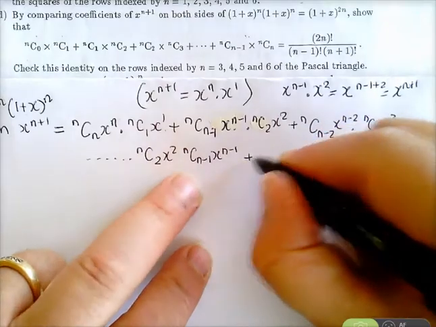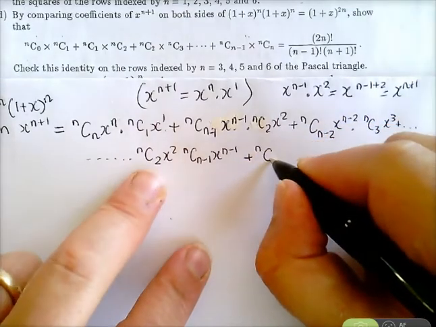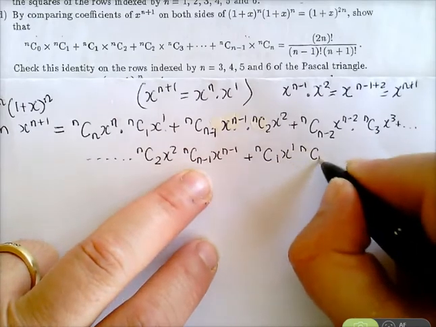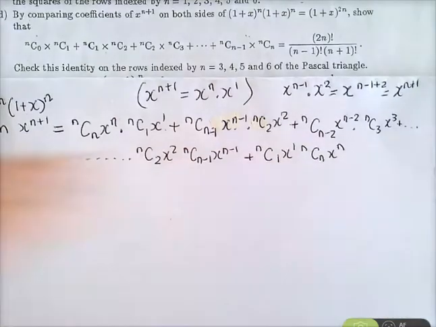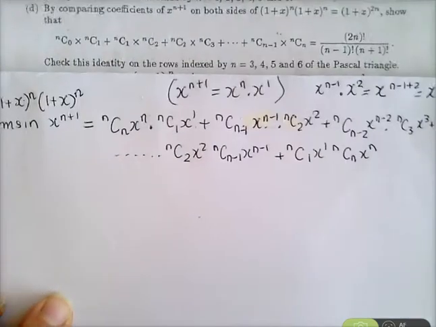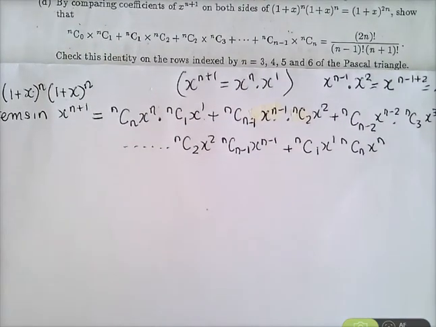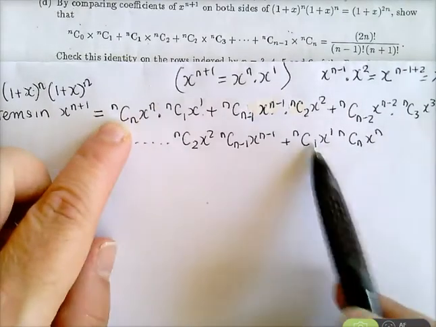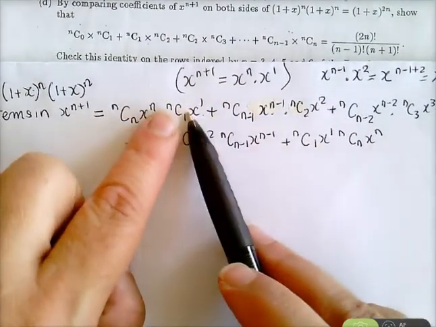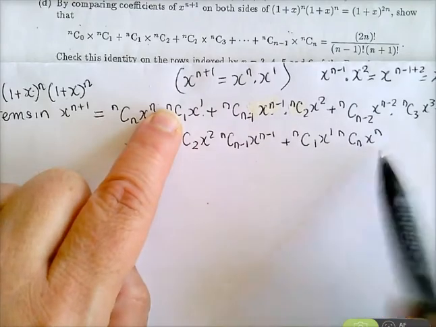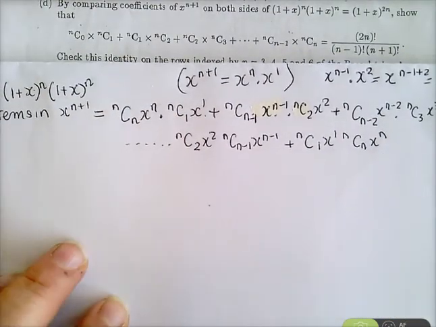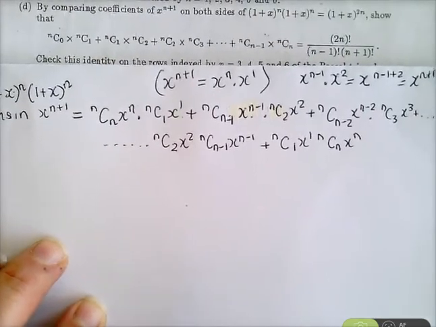And then the last one will be nC1 x to the 1 times nCn x to the n. Remember, the first expansion goes from the highest down to the lowest, and the second goes from the lowest to the highest. As one goes down, one goes up. Do you notice that it's mirrored?